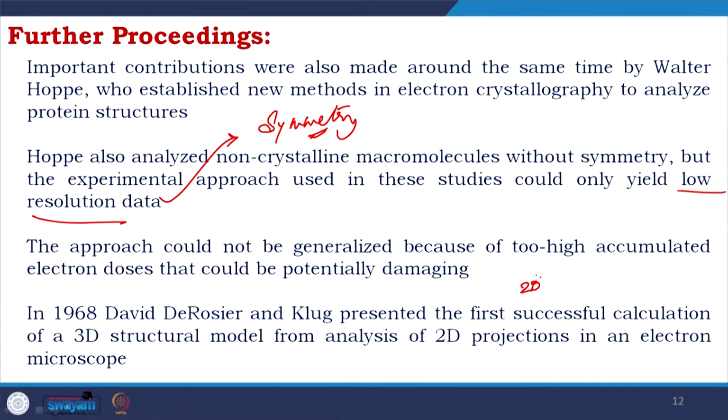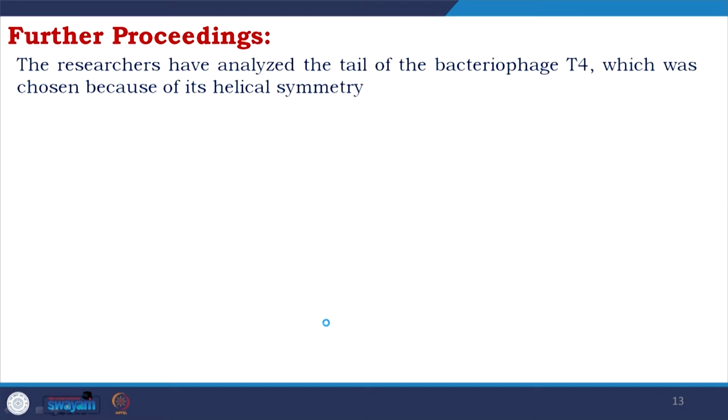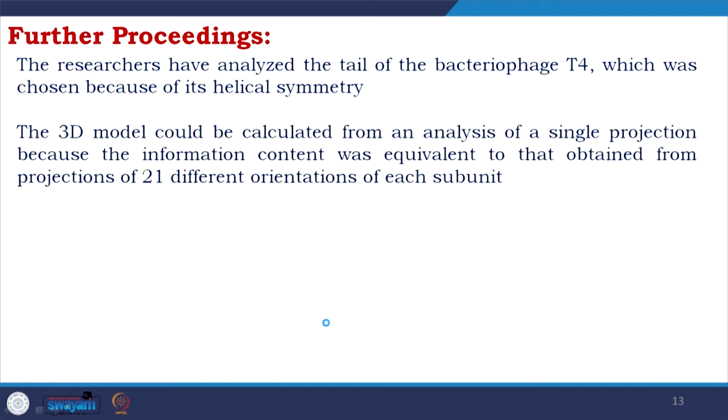So, the first time the dream of conversion of a 2D picture to a 3D model was successful, by DeRosier and Klug. The researchers analyzed the tail of the bacteriophage T4, which was chosen because of its helical symmetry. As I told, symmetry is extremely important here.